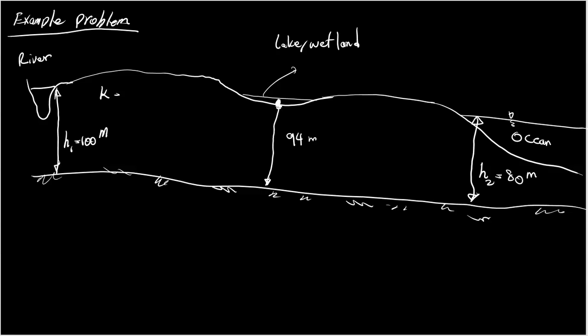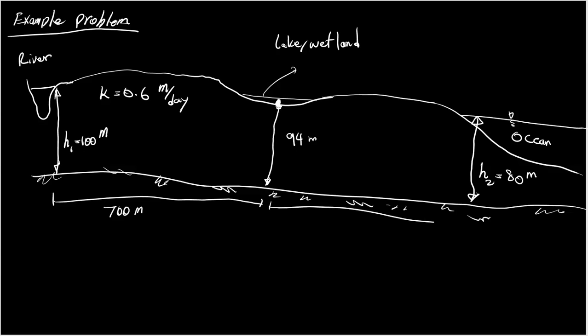K is 0.6 meters per day, and the distance from the stream to the lake is 100 meters, and from the measuring point to the ocean is 300 meters.